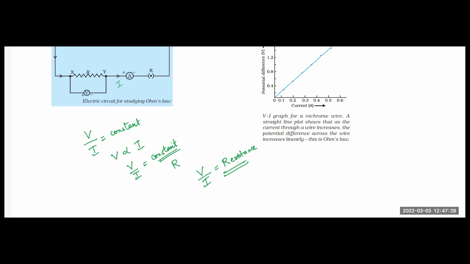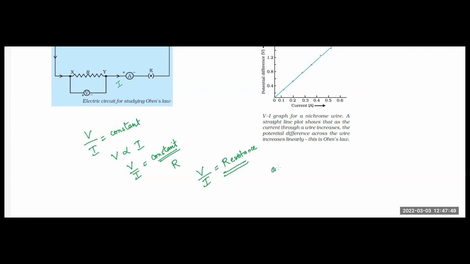This constant R is called resistance, and this resistance is the same for a particular conductor at a particular temperature. If you increase or decrease the temperature, this can vary.